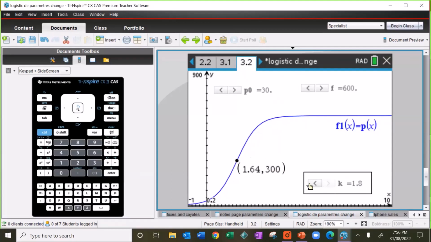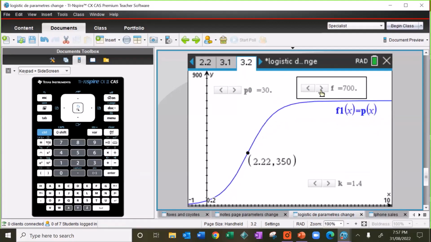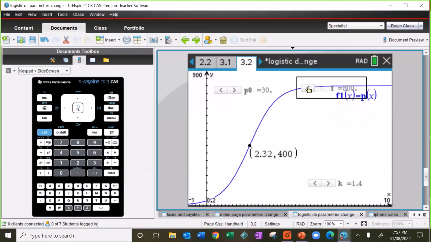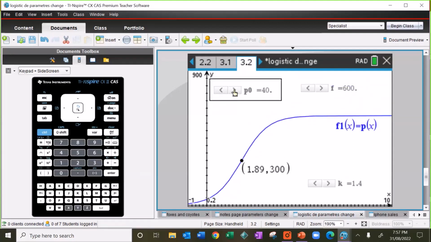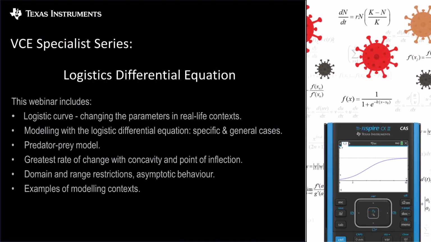We can see if I change what happens to the inflection point, and similarly what happens to the shape of the curve and to the inflection point. If I change F, P doesn't matter that much, but of course it will also have an effect on the inflection point. So as I said, there is a lot to investigate for the students.